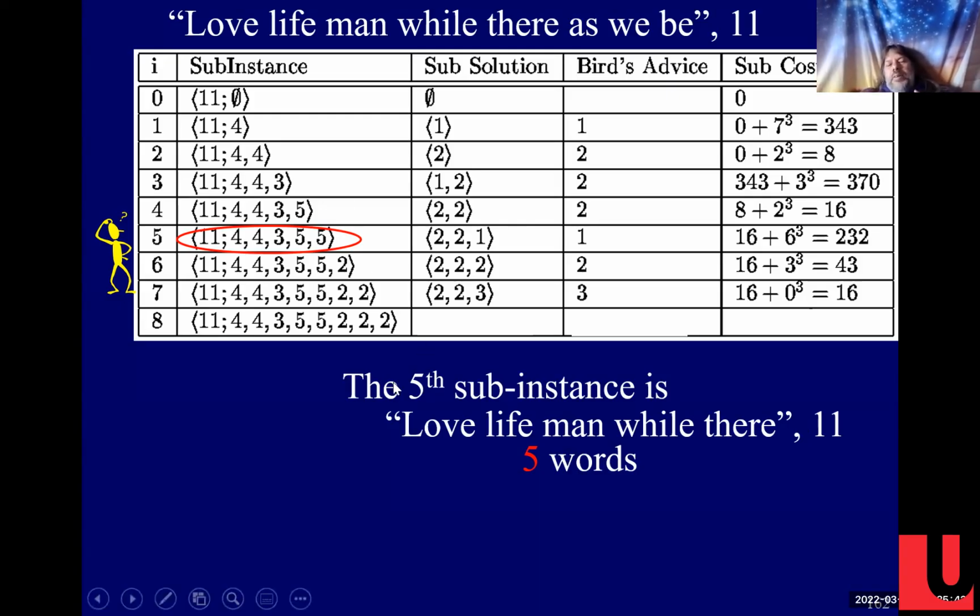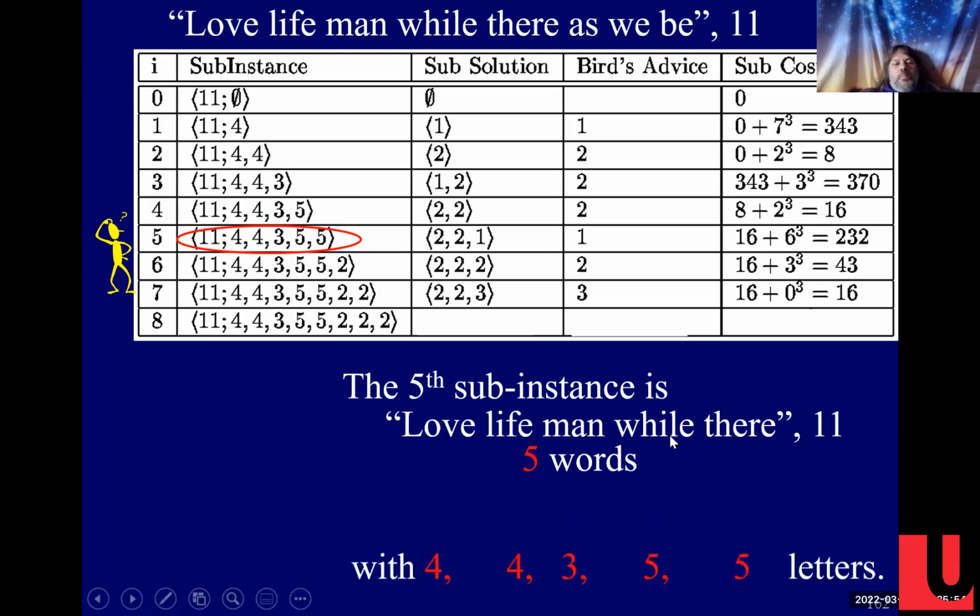Here, this is a path from S to the node where we've printed 5 words already, right? So the subinstance is how do we print these first 5 words.